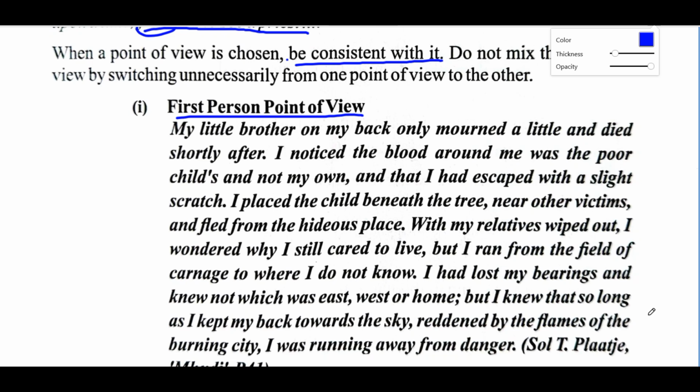I noticed the blood around me was the poor child's and not my own, and that I had escaped with a slight scratch. I placed the child beneath the tree near other victims and fled from the hideous place. With my relatives wiped out, I wondered why I still had courage to live, but I ran from the field of carnage to where I do not know. So if you focus here, we are looking at I, first person.